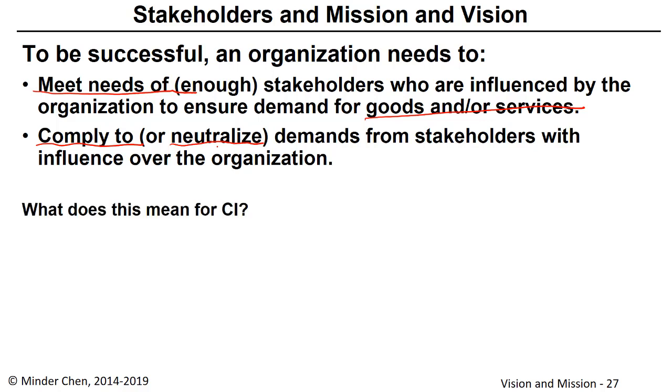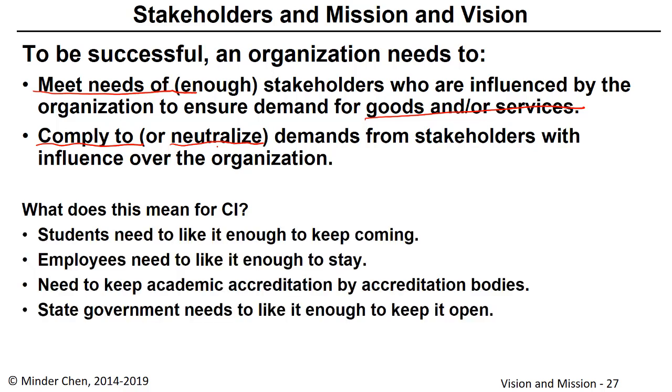So think about what this means for CI. For instance, we believe the students need to like CI enough to keep coming. Employees need to like working at CI to stay here.